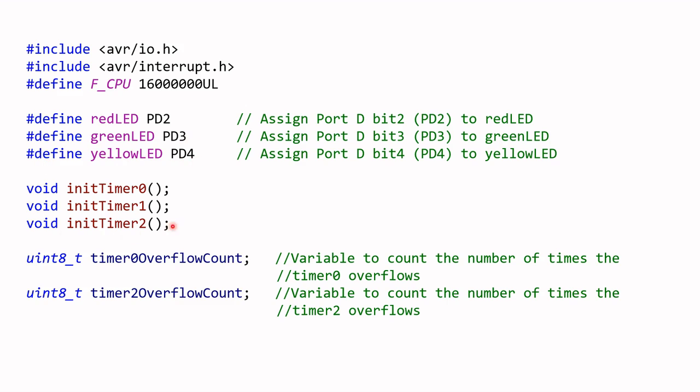And here I declare the 3 functions that I have in the code. And here are these 2 variables, timer 0 overflow count and timer 2 overflow count, and I've declared them as an unsigned 8-bit integer.